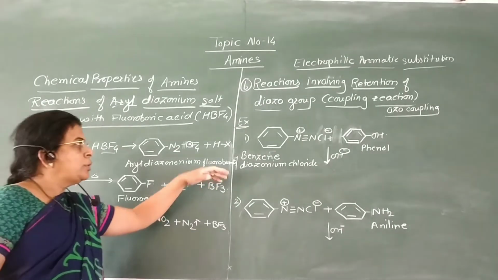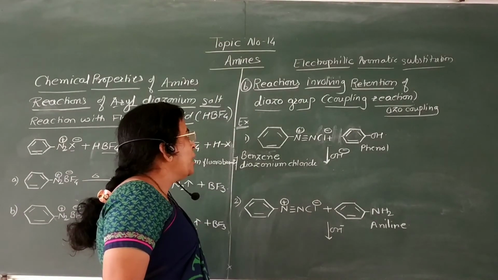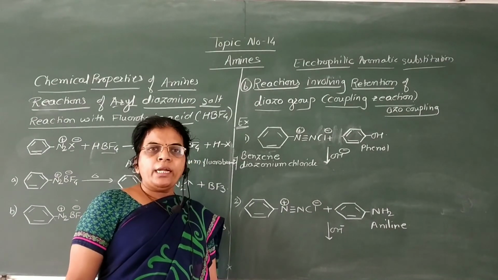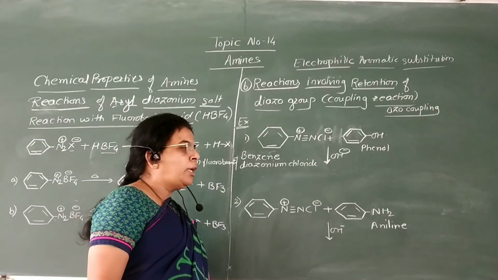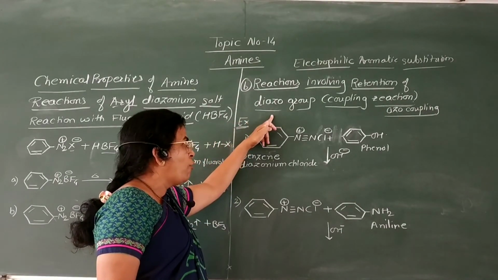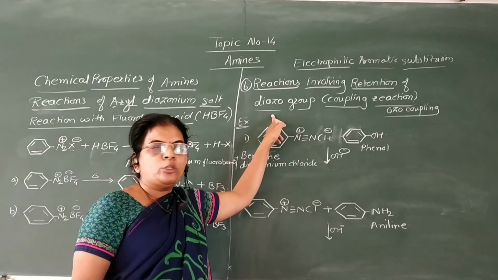Now we are going to see next reaction, that is reaction involving retention of diazo group. That is second type of reaction of aryl diazonium halide. In this reaction, azo group, that is N2 group, is not removed.